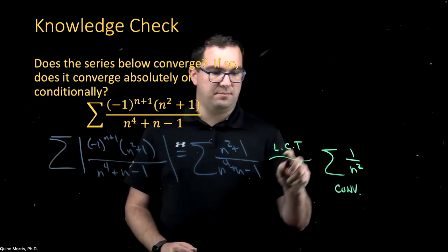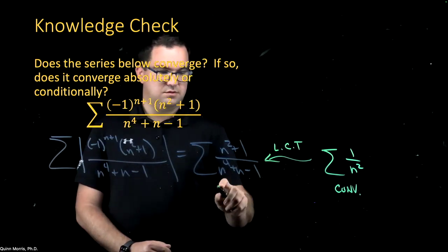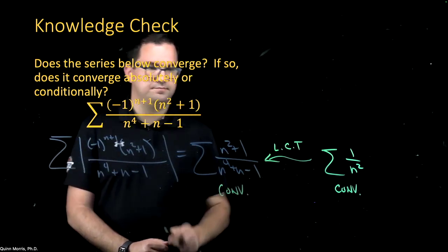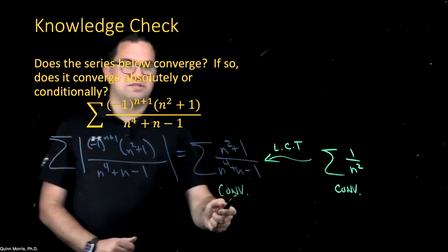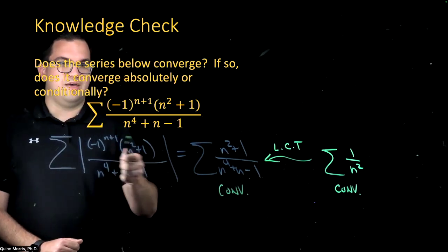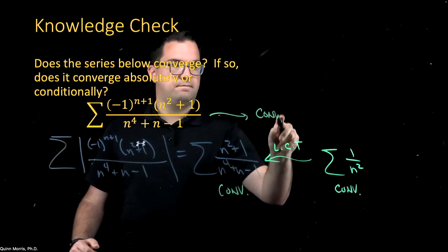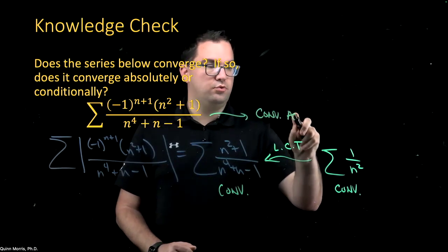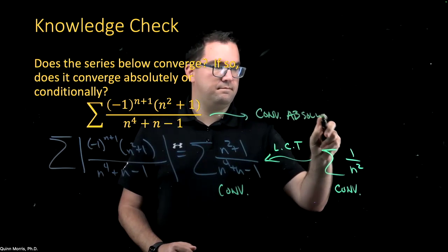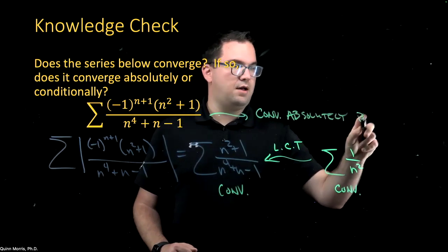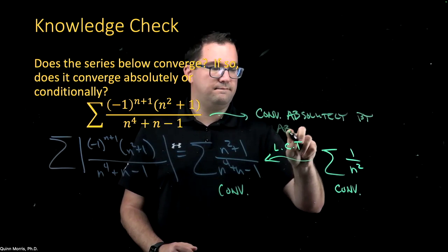And so by the limit comparison test, this also converges. And now since this converges, you know that this series converges absolutely by the absolute value test.